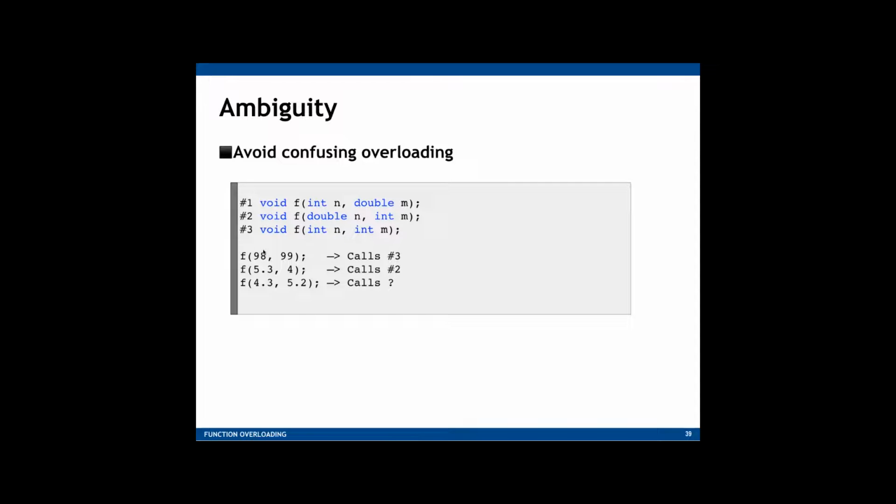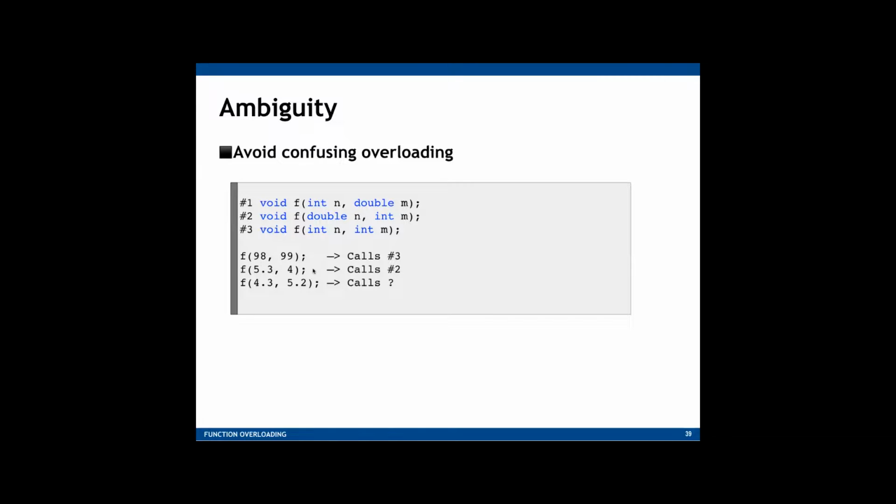If we look at this function call, it's very obvious that it will execute function number 3, because function 3 receives two int type arguments. 98 and 99 are int type, so this function call will execute the third function. The second one is also straightforward because the first argument is double type and the second one is an int type.